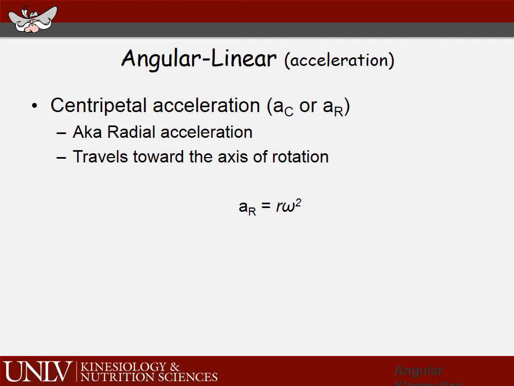Therefore, the centripetal acceleration or the centripetal velocity is always changing. So there's always going to be some sort of acceleration that's keeping you in that circular path. Because if there wasn't a change in the centripetal, the velocity leaning back towards the axis, then it would go off in a straight line, and it would never stay in that rotation about the axis. So there is always going to be some sort of centripetal acceleration.